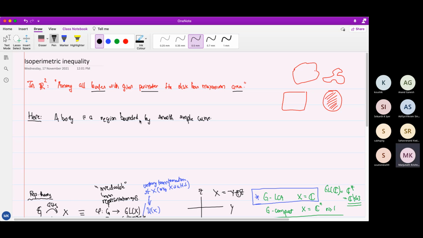What is a smooth simple curve? A simple curve is a simple closed curve.